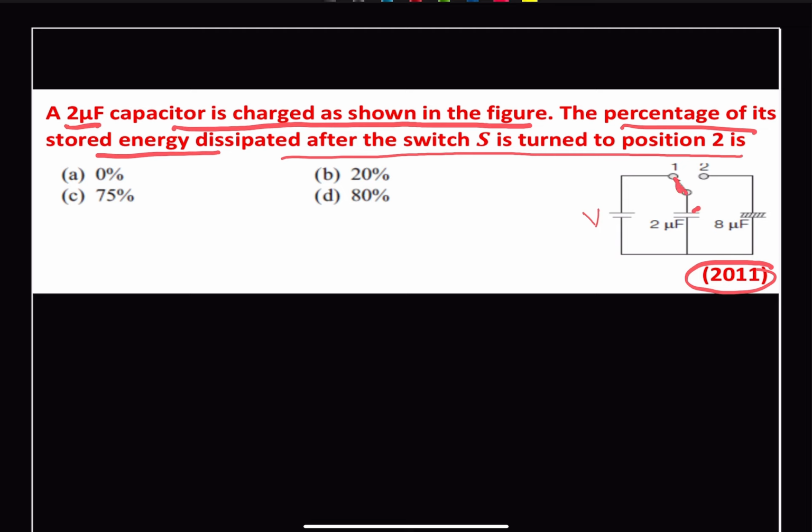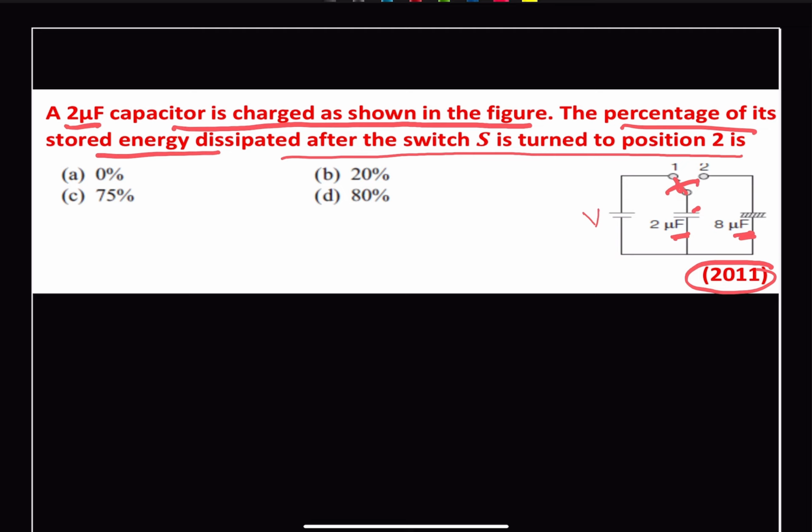Later on, the switch is moved to position 2, and then this 2 microfarad and 8 microfarad capacitor are connected with each other. Initially it's not mentioned, but we presume that there is no initial charge on the 8 microfarad capacitor. We have to find out the energy dissipated.